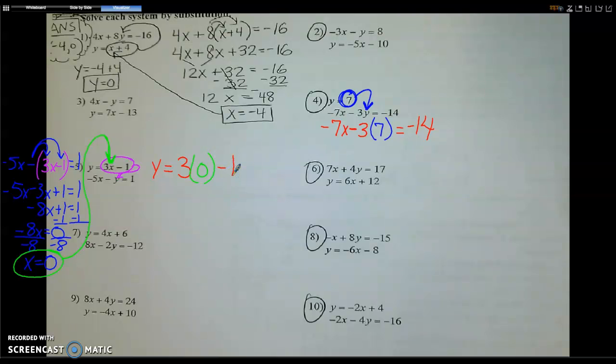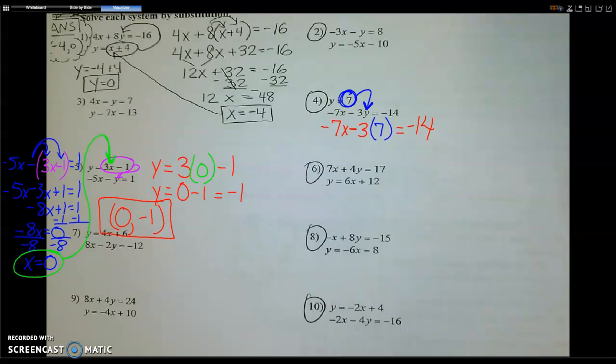Minus 1. 3 times 0 is 0. Minus 1 equals negative 1. So our point is 0, negative 1. There's your answer.